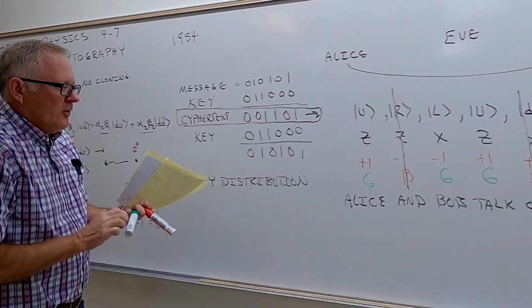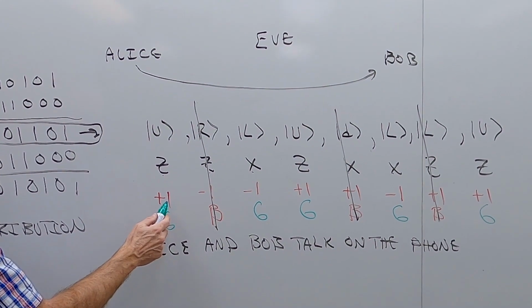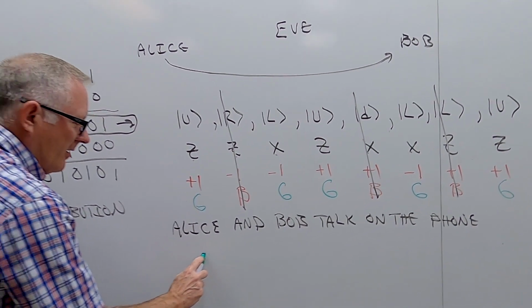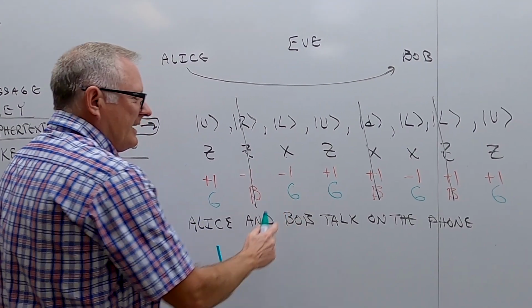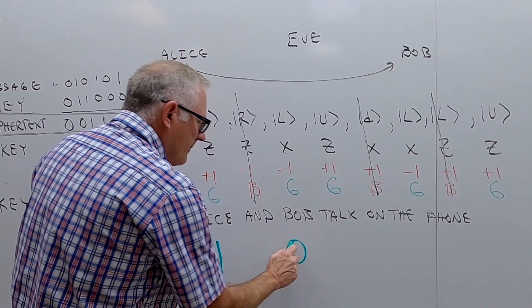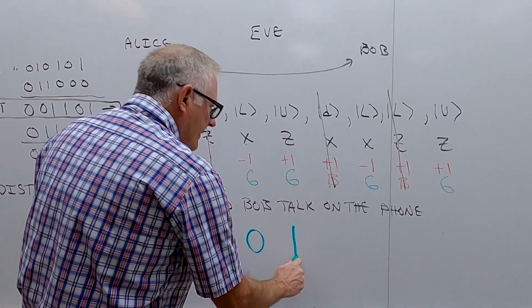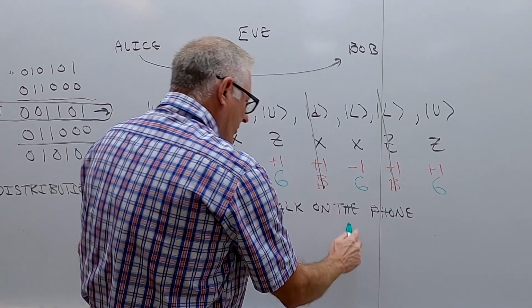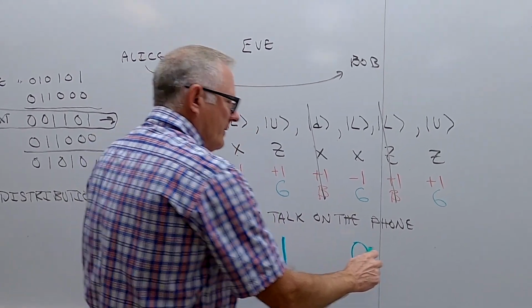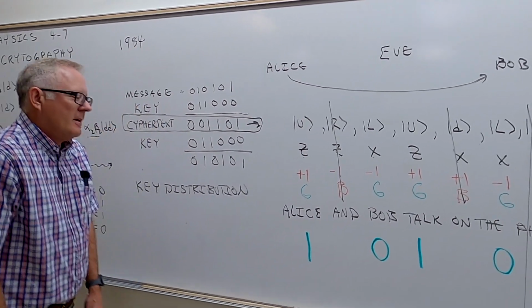And anytime you see a +1, we'll just call that a 1. Anytime you see a -1, I guess we'll call that the 0. This one is good, that's a 1. This was a -1, so we're going to call that a 0, and then this would be a 1 right there.